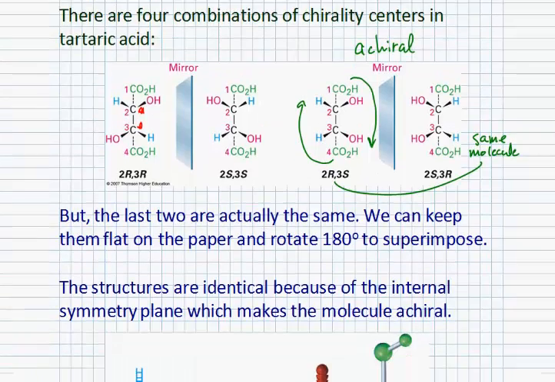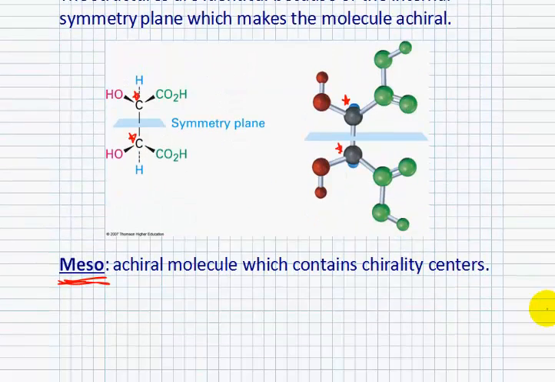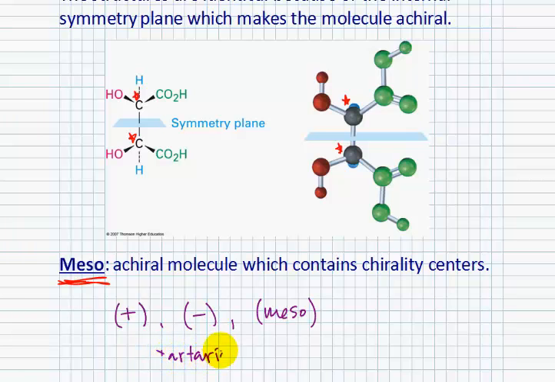So there are actually 3 stereoisomers of tartaric acid. There is plus, its enantiomer minus, and meso, okay? Tartaric acid.